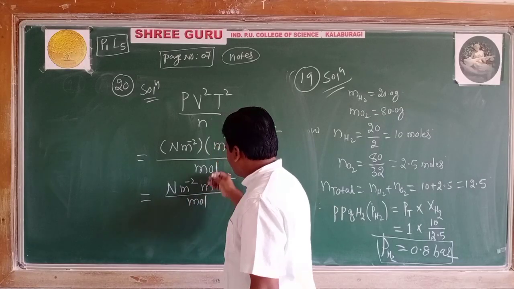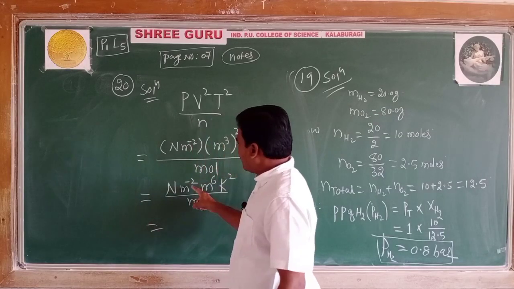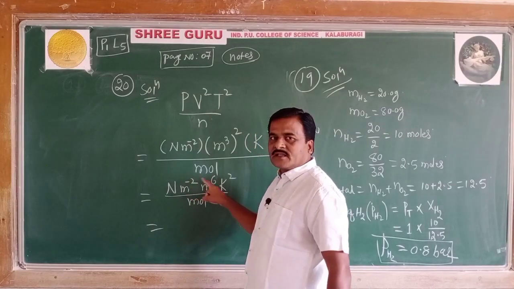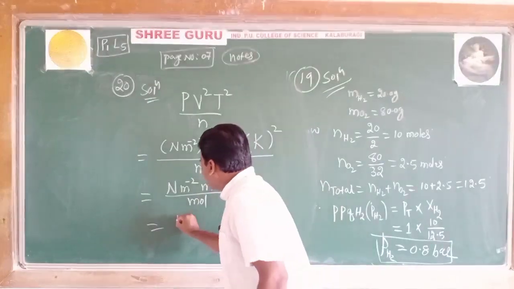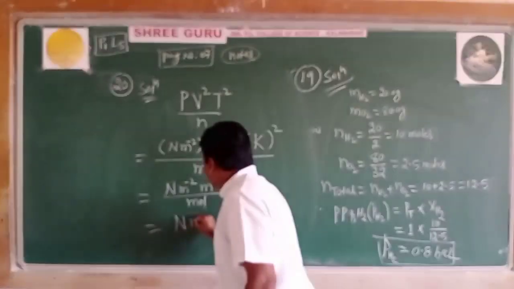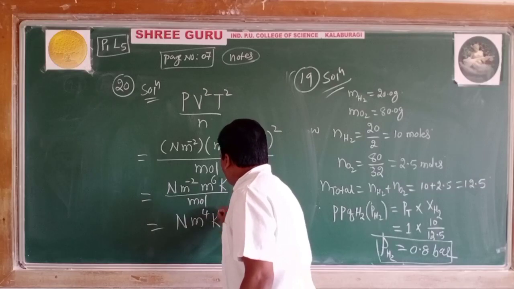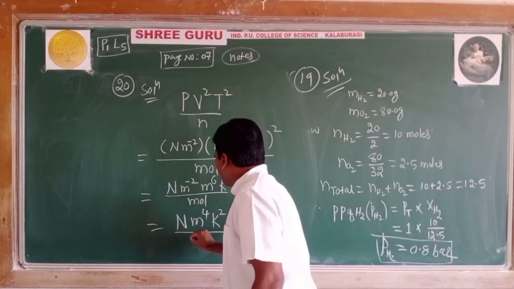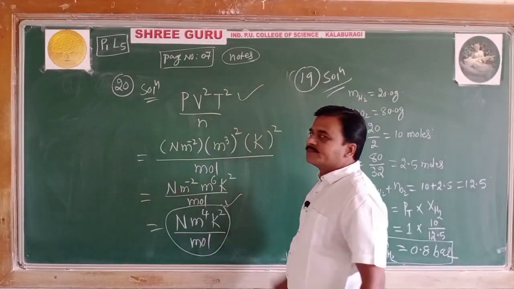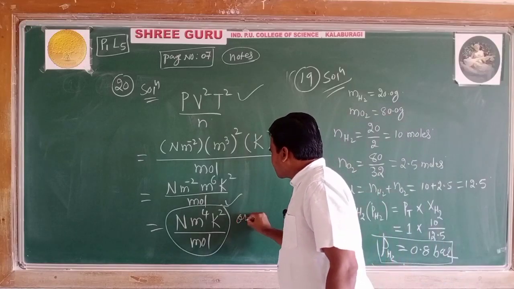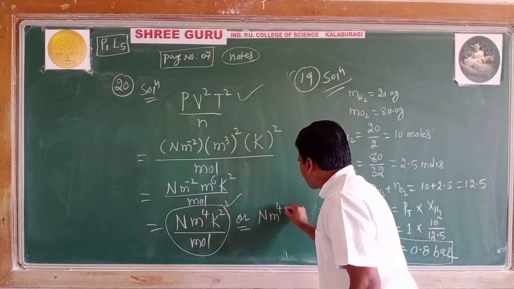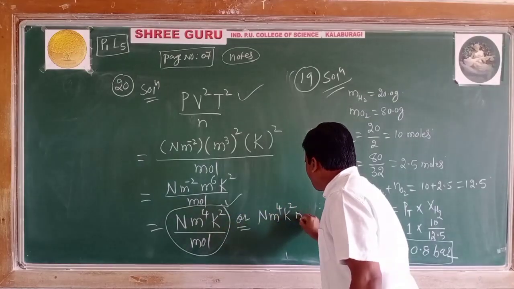Just one more step: m raised to minus 2, the base is the same, so their powers add. You get Newton, m raised to minus 2 plus 6, meter raised to 4, Kelvin square divided by mole. This is the SI unit of the given quantity. The same can be written as Newton meter raised to 4 Kelvin square per mole.